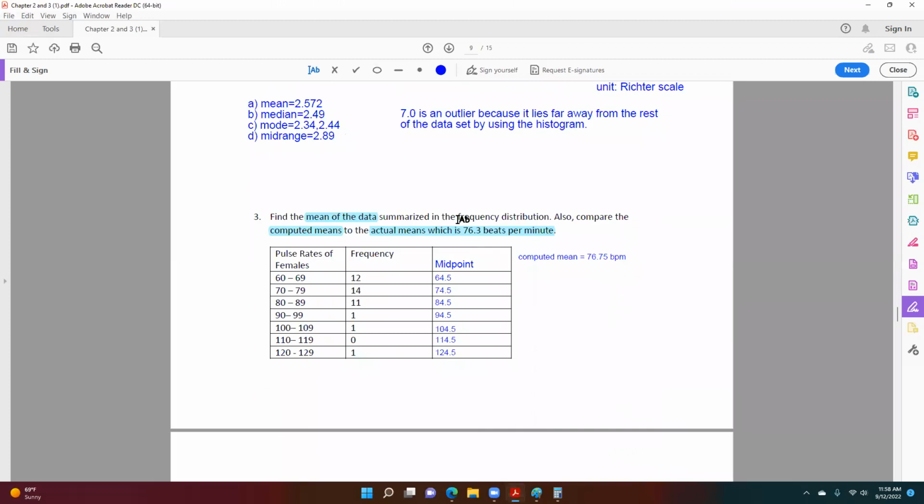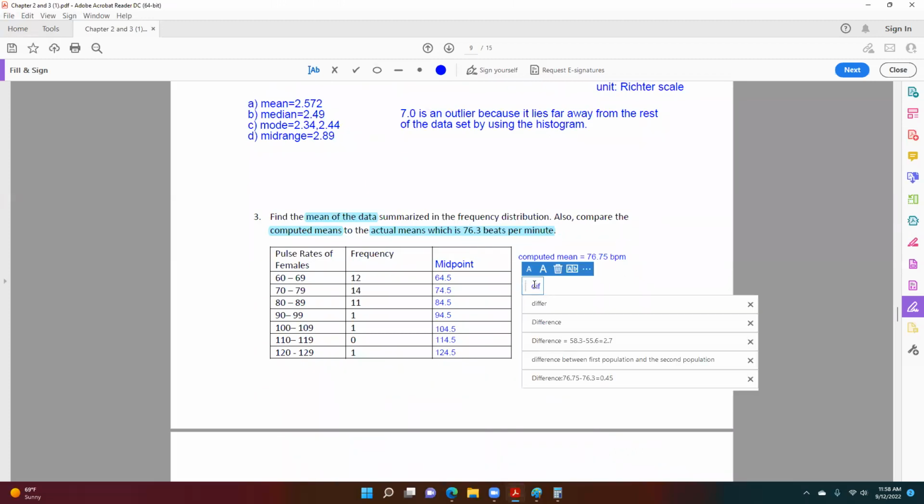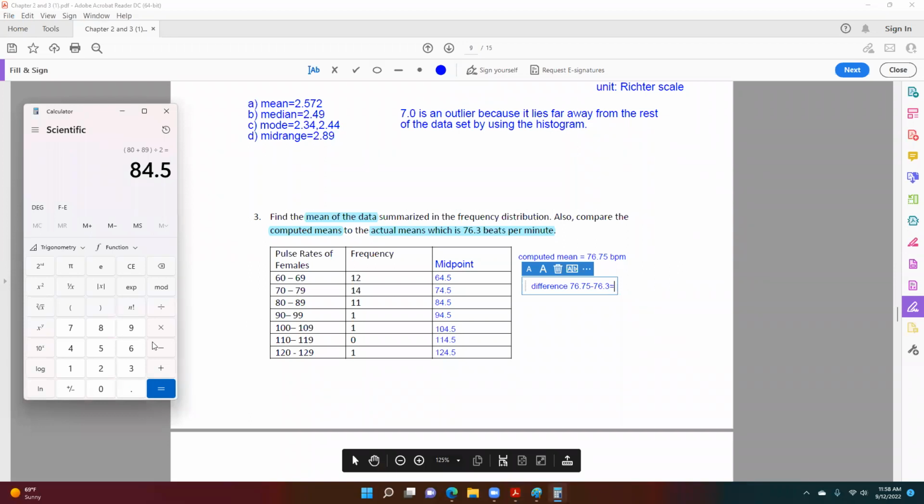So what we do is find the difference between these two numbers: 76.75 minus 76.3. So that difference is going to be 0.45.